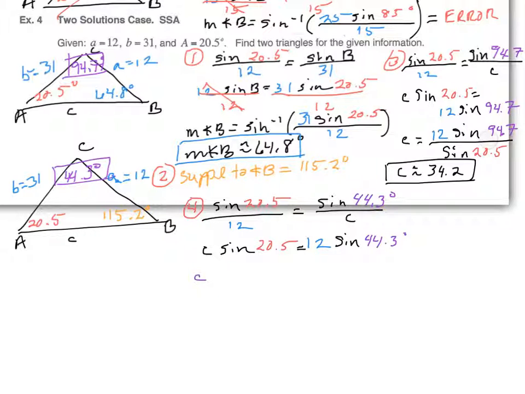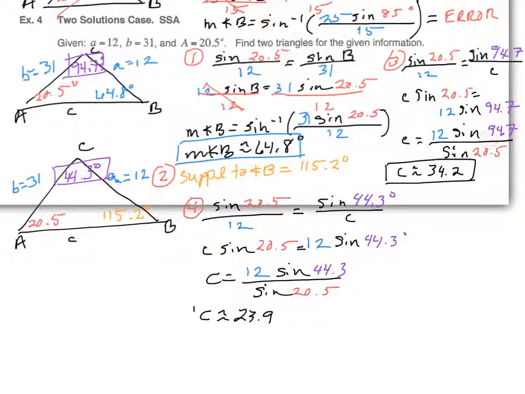Doesn't C equal 12 sine of 44.3 divided by sine of 20.5? So C is approximately equal to 12 times the sine of 44.3, which is 8.38, divided by the sine of 20.5, which is 23.9.